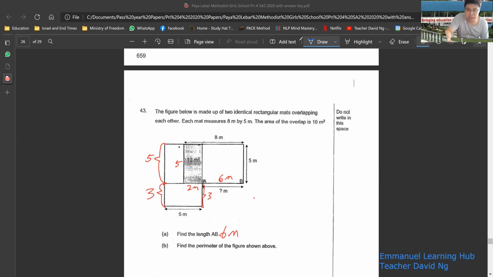Because if they're asking for perimeter, what you can do is join these two as 8. If this is 8, this is 5, this is 2, here is how many?